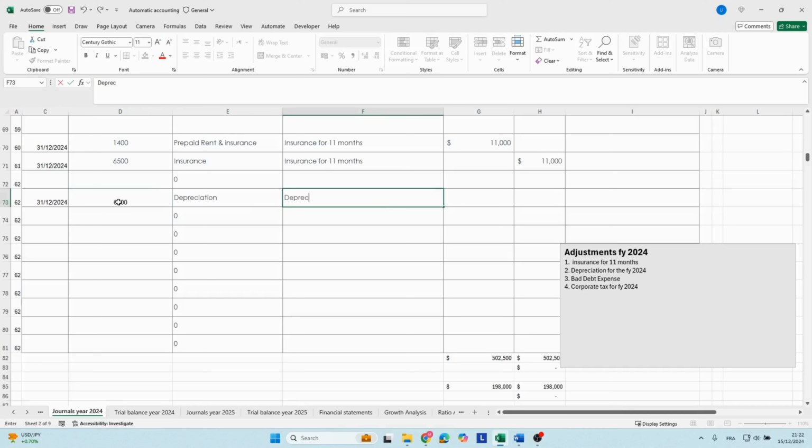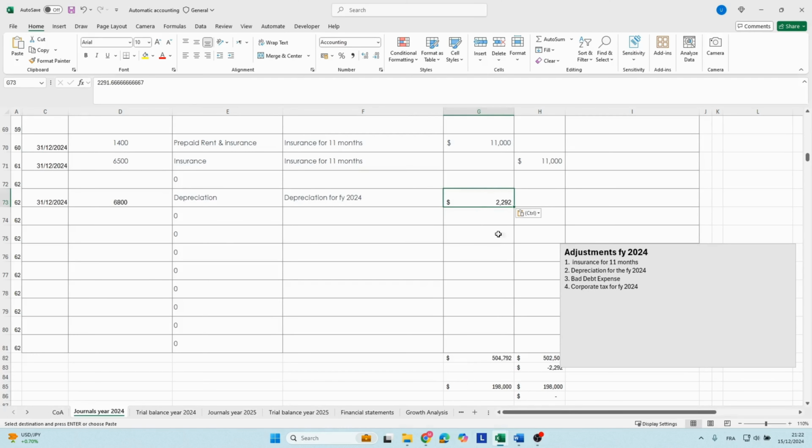So this is depreciation for financial year 2024, and now we put the value for depreciation. We need to add credit. This will be accumulated depreciation. Then we put the same value on credit.